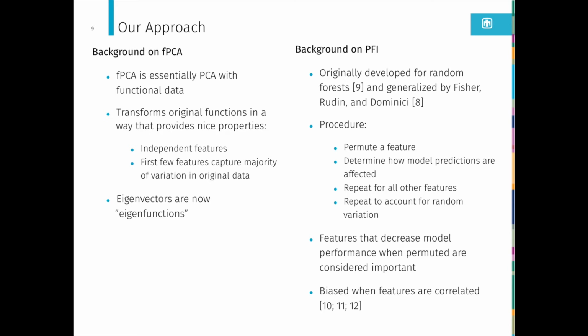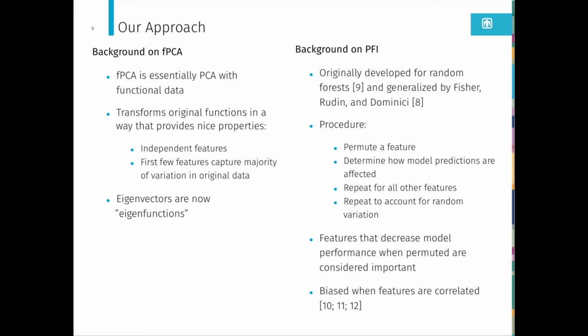PFI is a feature importance technique that was originally developed for random forests, but was generalized to all models recently. The concept of PFI is that a feature is randomly permuted, and then the model is used to make predictions on the dataset with the permuted feature replacing the observed feature. Then the predictions from the model, when the feature is permuted and non-permuted, are compared.